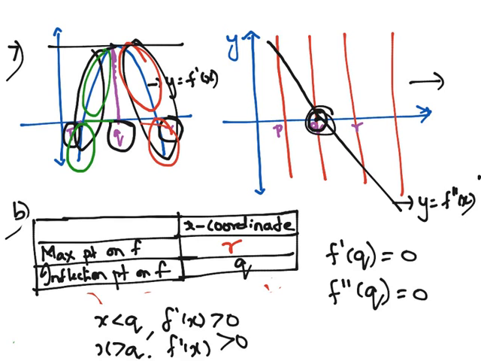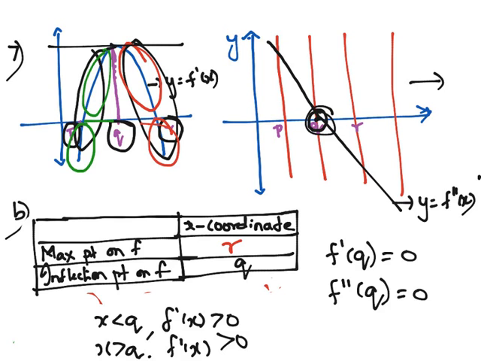Therefore the answer is q. Now, justify your answer for part B2. That means, why do you say that q is a point of inflection? You can mention that before and after q, f dash of x is positive. How do you know that f dash of x is positive?